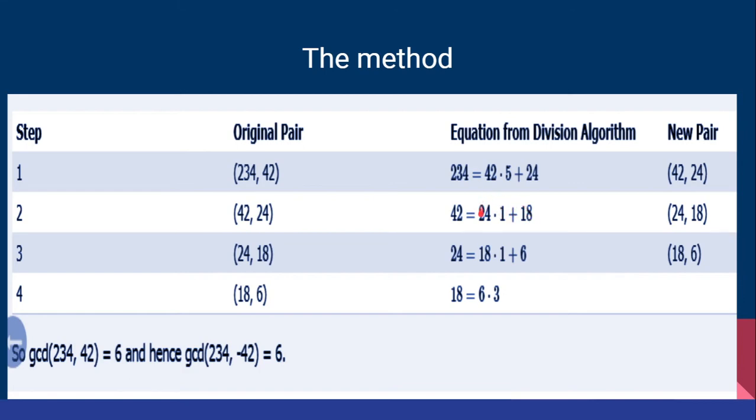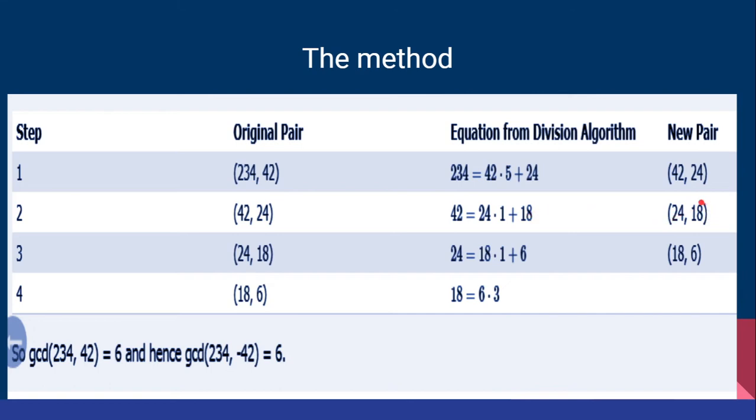Now the second number, 24, becomes the first number, and the remainder after division becomes the second number. So the pair becomes 24 comma 18.